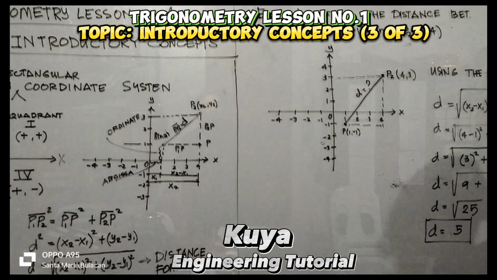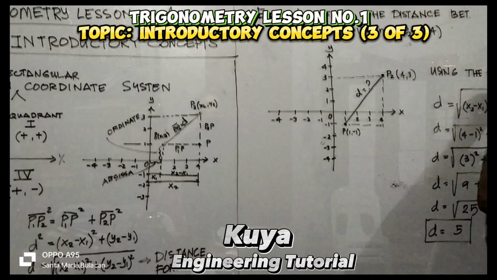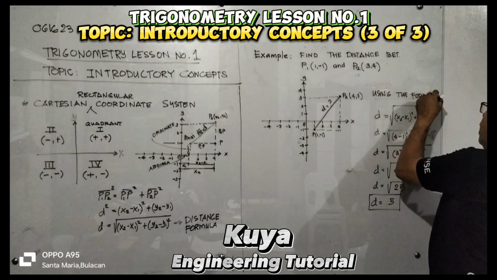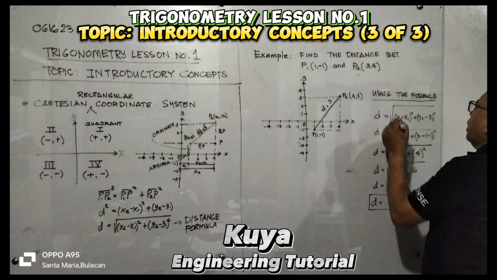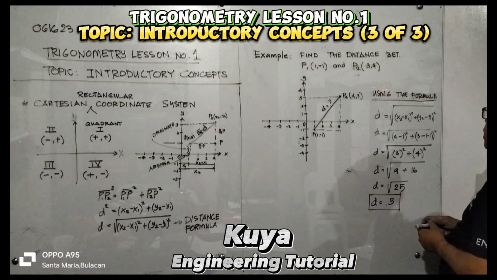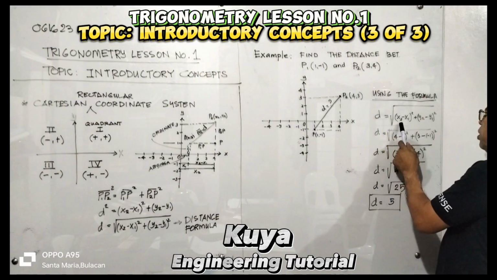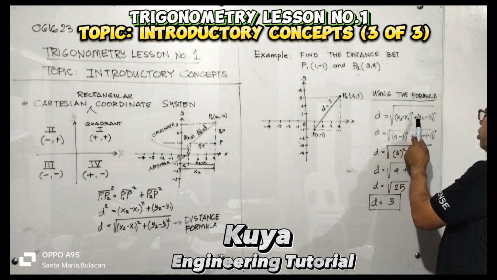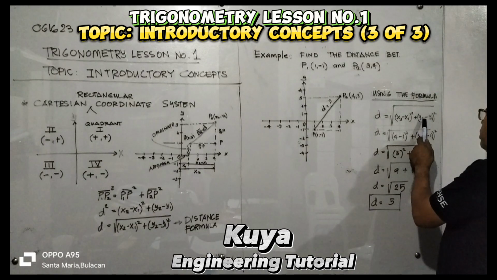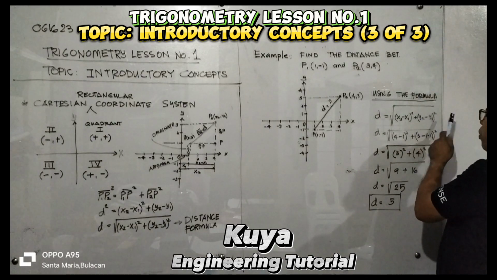No? So the distance now is using the distance formula. Wala na tayong derivation at that point. So sabi dito, D is equals to the square root of x sub 2 minus x sub 1 squared plus y sub 2 minus y sub 1 squared.